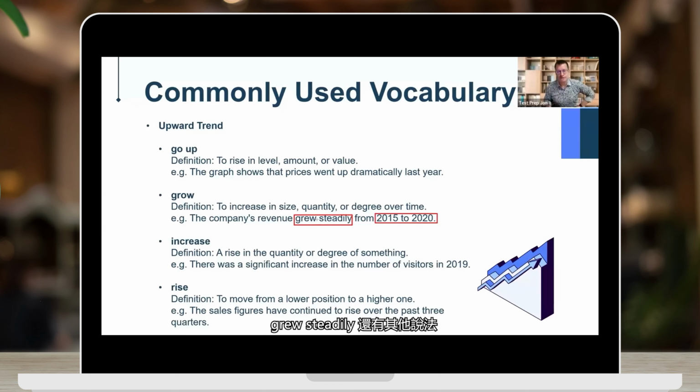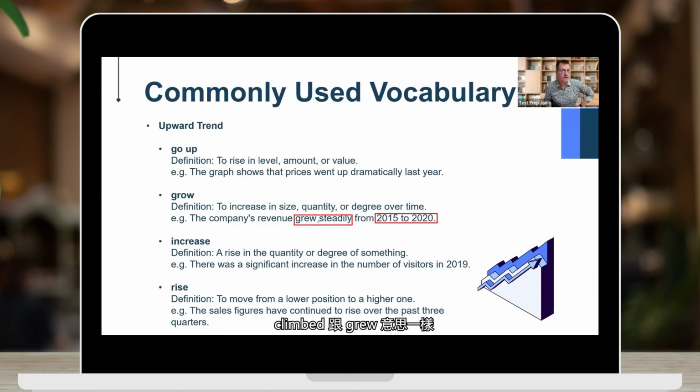There are other ways of saying grew steadily. You could use another verb phrase, for example, ramped gradually. Ramped is a useful word, which means went up. Like grow, it doesn't say how much, so you can modify it with another adverb like gradually, which here means the same as steadily. Likewise, instead of saying grew steadily, you could say climbed consistently.